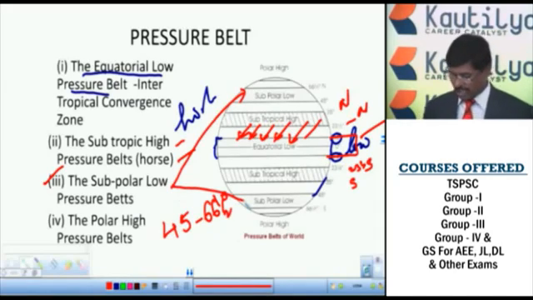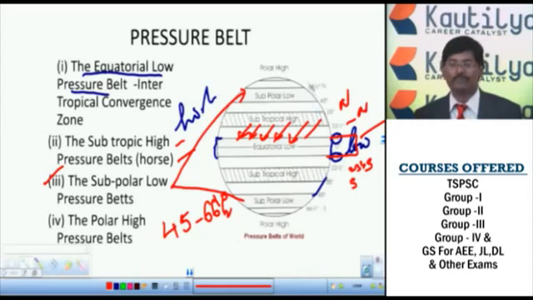Means generally from 45 degrees up to the Arctic Circle, and 45 degrees up to the Antarctic Circle in the southern hemisphere.